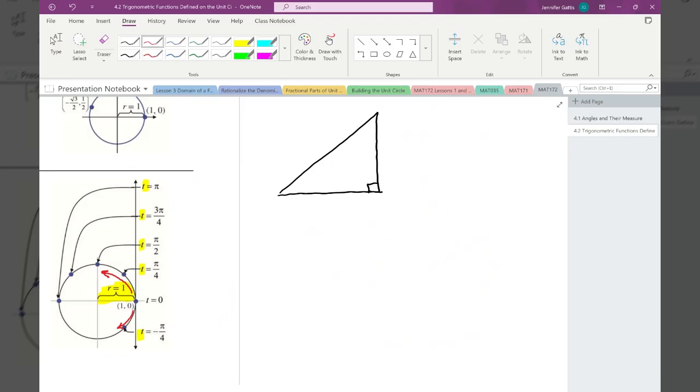You learned about a 30, 60, 90 triangle. And if you recall, the side length measures of a 30, 60, 90 degree triangle are 1x, the hypotenuse is 2x, and the long leg is the square root of 3 times x.